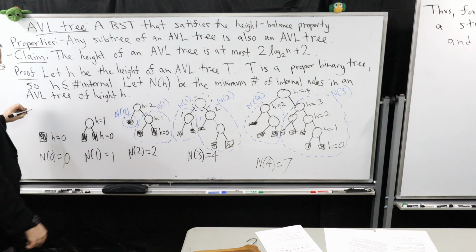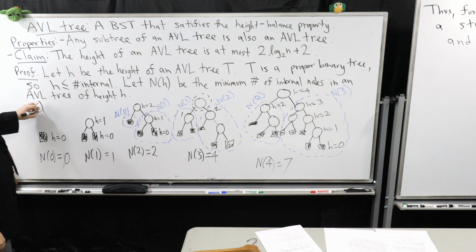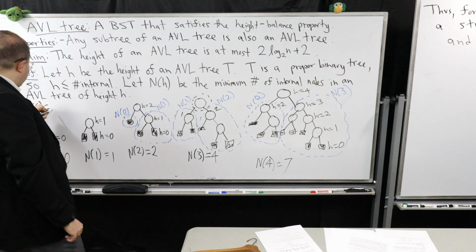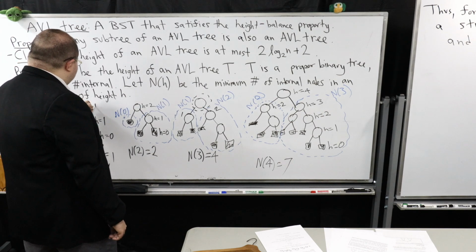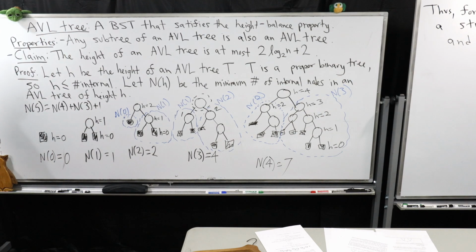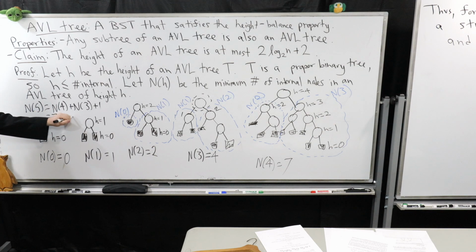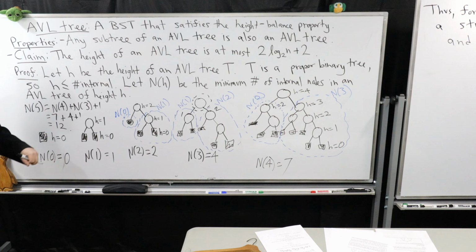So n of 5 is simply n of 4 plus n of 3 plus 1. n of 4 is 7, n of 3 is 4, and I have the extra 1. So let's see, we get 10, 11. I think this should be 12, right?